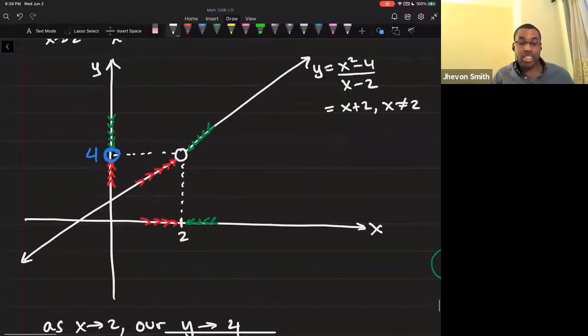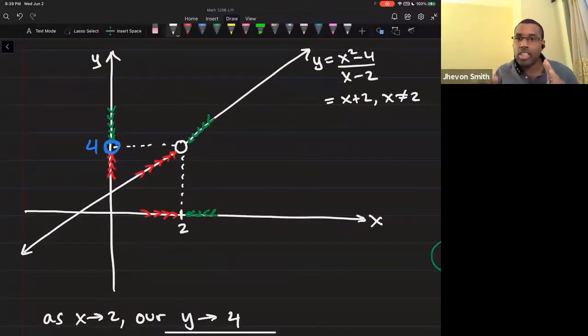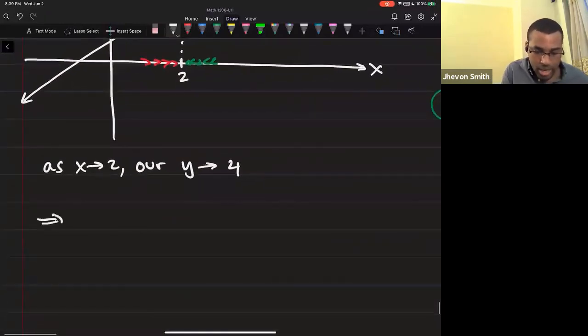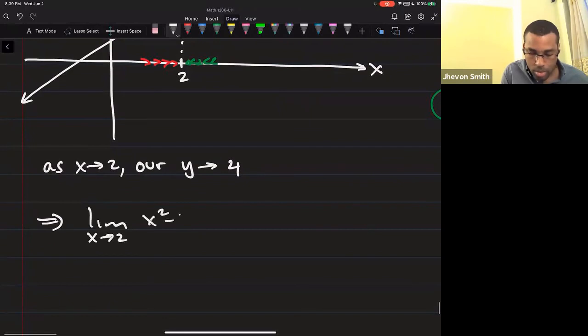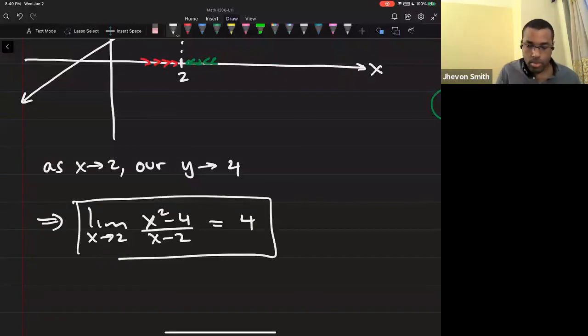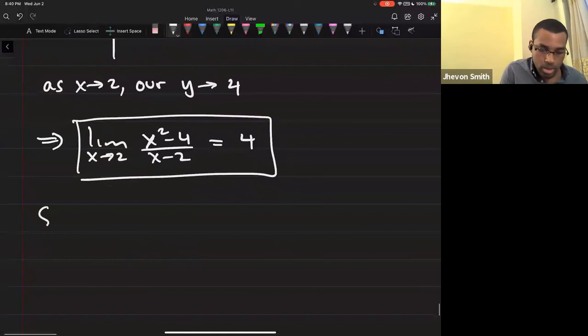And in this case, you literally have to get close because you can't actually be at 2. Being at 2 means division by 0, and we know what happens then, right? So I would be able to say the limit as x approaches 2 of x squared minus 4 over x minus 2 is 4. So the function is undefined, but the limit is defined, right?